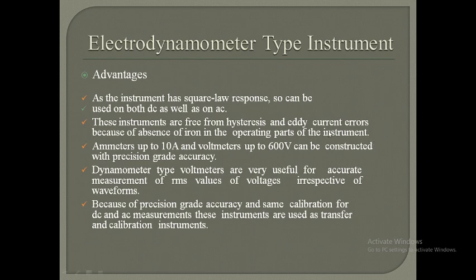Next, an ammeter up to 10 ampere and a voltmeter up to 600 volt can be constructed with precision grade accuracy. Dynamometer type voltmeters are very useful for accurate measurement of RMS value of voltages irrespective of waveforms. Because of precision grade accuracy, and for the calibration purpose for DC and AC measurement, these instruments are used as transfer and calibration instruments.